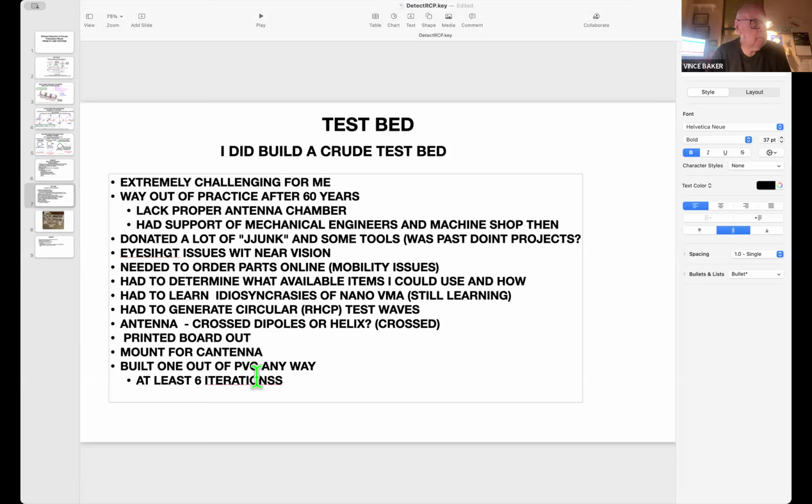But I went ahead and built one. It took a while. It took a lot of frustrations. And I went through my list of about 20 swear words many times. To do this, I actually went through about 6 iterations. In one case, I couldn't get the cross dipole to work and tune it fine enough.